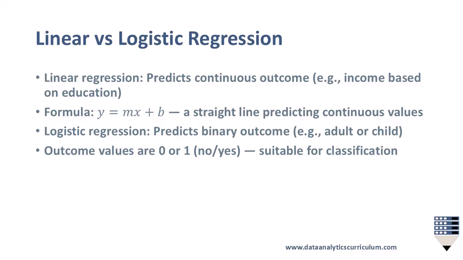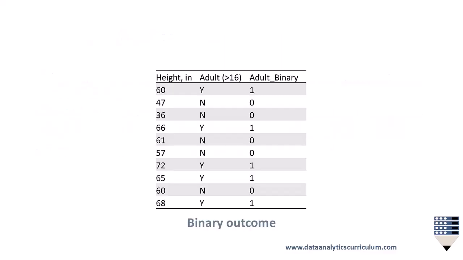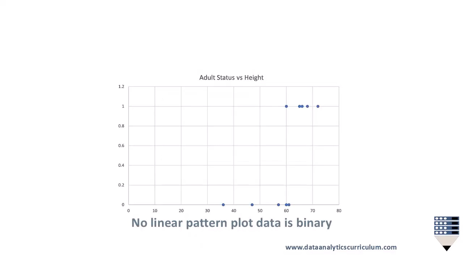But what if your outcome is binary, for example, whether a person is an adult or a child? Now your outcome can only be 0 or 1, not a range of values. If you tried to use linear regression, you'd get predictions that don't make sense, like 1.3 or minus 0.2, which can't represent yes or no.